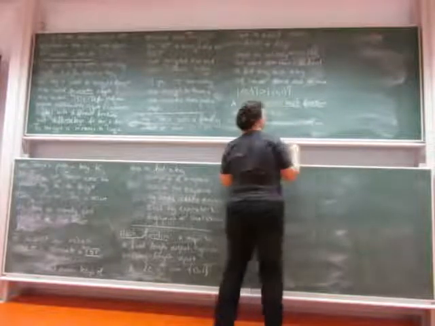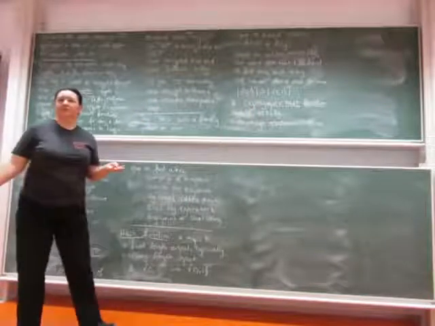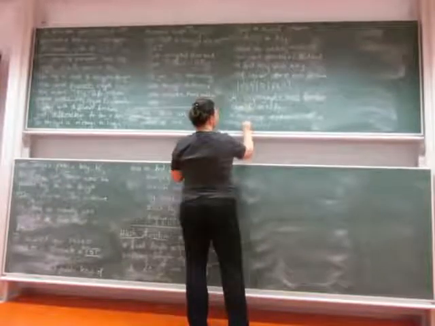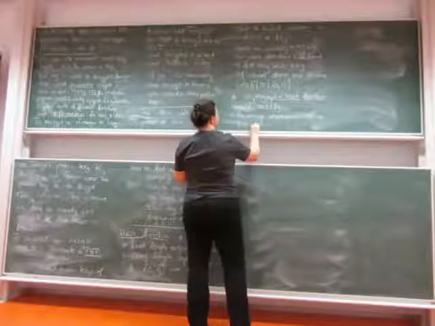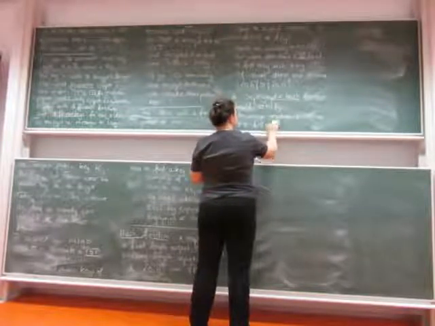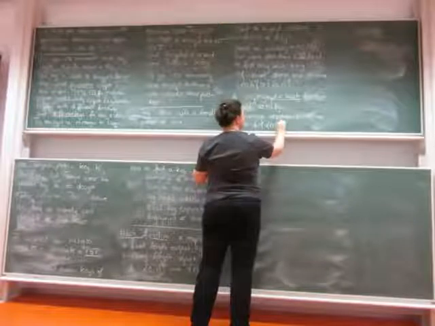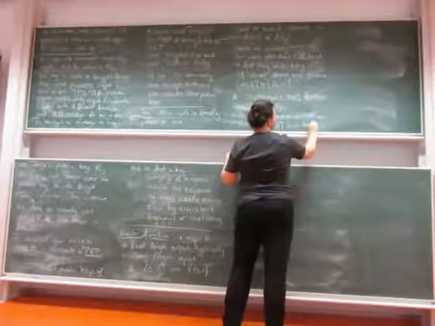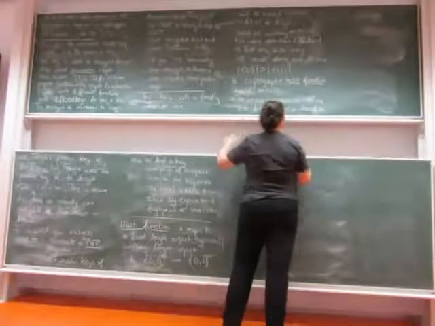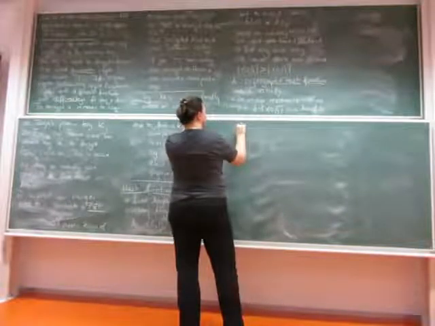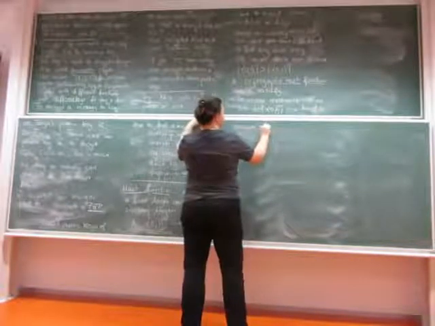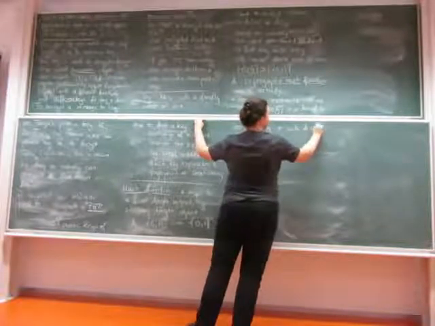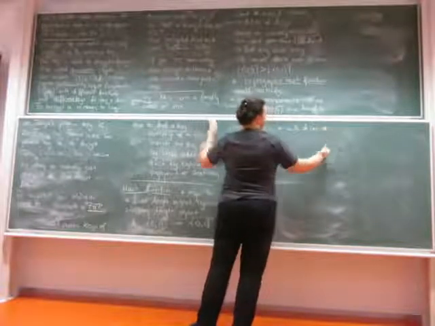If I give you some output z, which is in the range that h would map to, so it's in the range of the hash function on all inputs, it is hard to compute any x with the hash value of x being z.